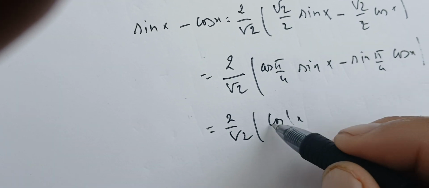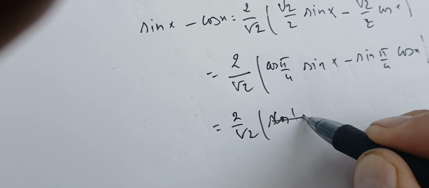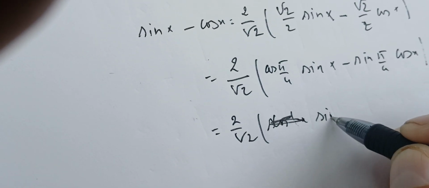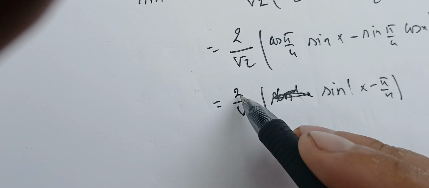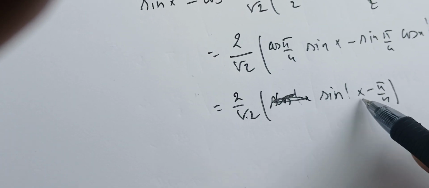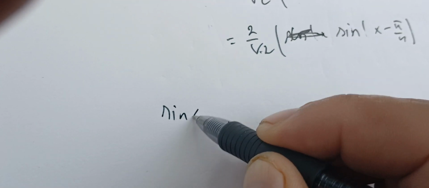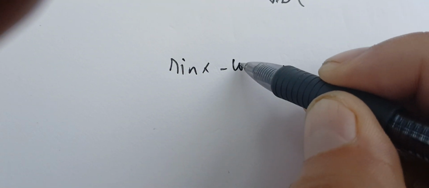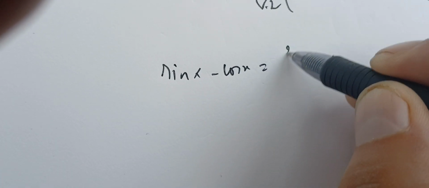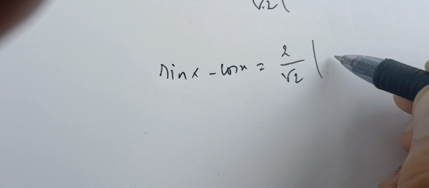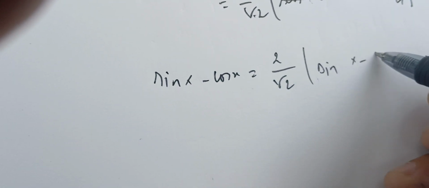Well, let me use a sine. It's the sine. In fact, it's the sine. So sine of x minus pi over 4. So we have 2 over square root of 2 sine of x minus pi over 4. Therefore, I have sine x minus cosine x is equal to 2 over square root of 2 sine x minus pi over 4.